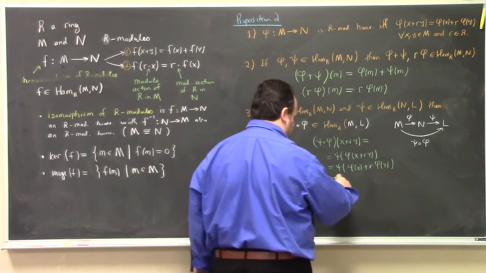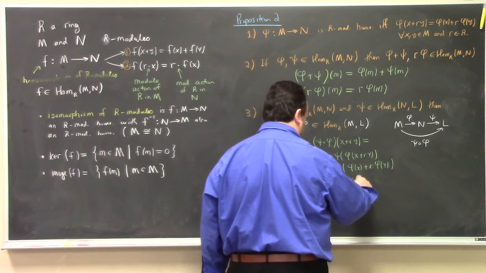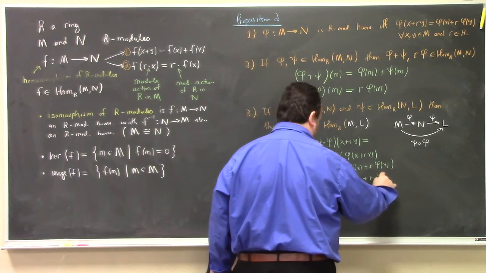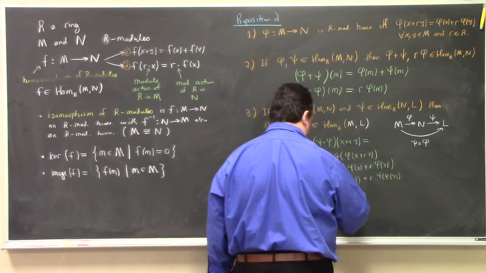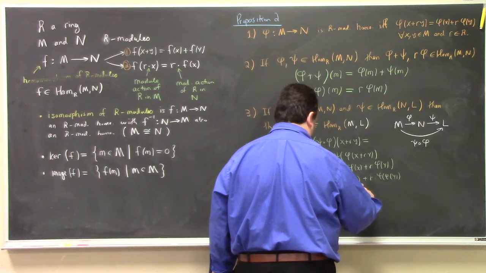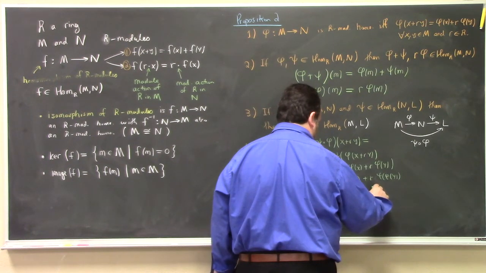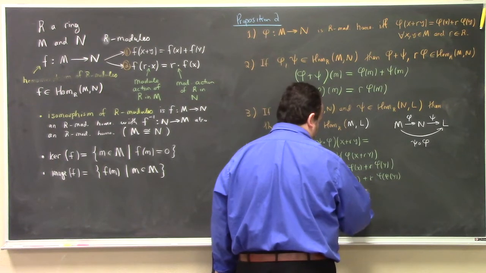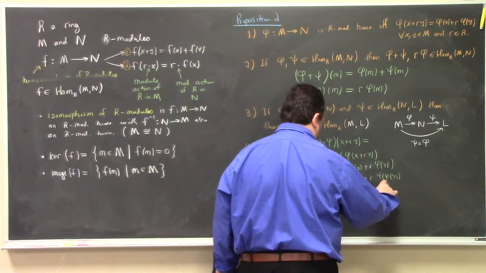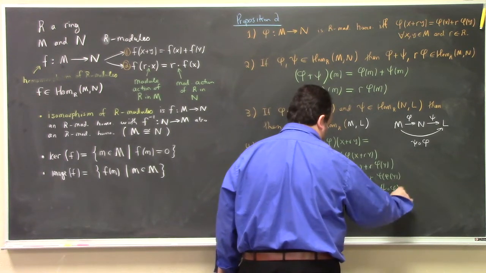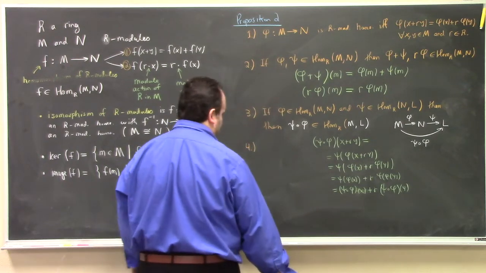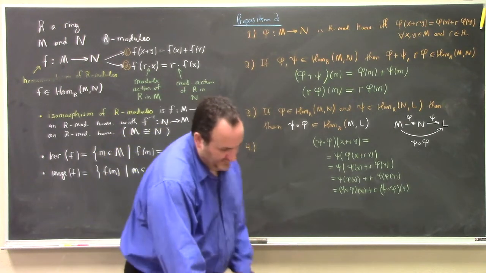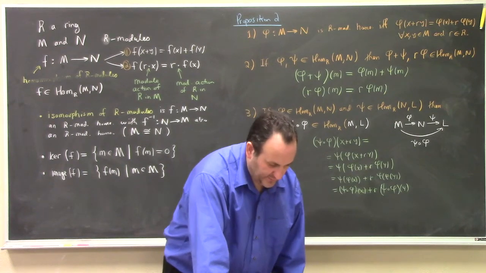And then applying 1 once more, psi of phi of x plus r psi of phi of y, which of course is psi composed with phi of x plus r times psi composed with phi of y. Sorry about my handwriting getting a little wild there. So it's really just the definition of composition and item number one.